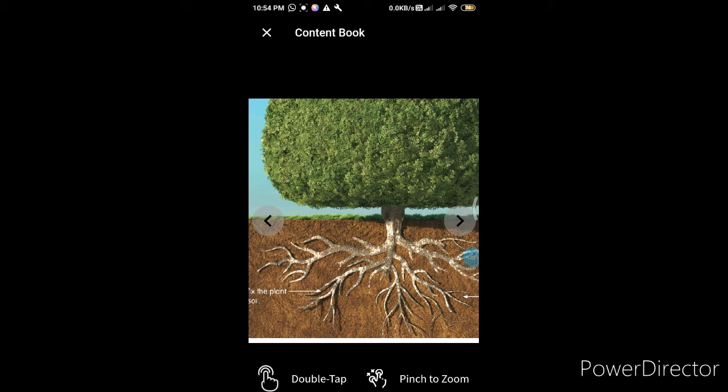So these roots are taking the water and nutrients inside from the soil particles. Nutrients are the substances which help for the growth of the plant. Both are absorbed by the roots.